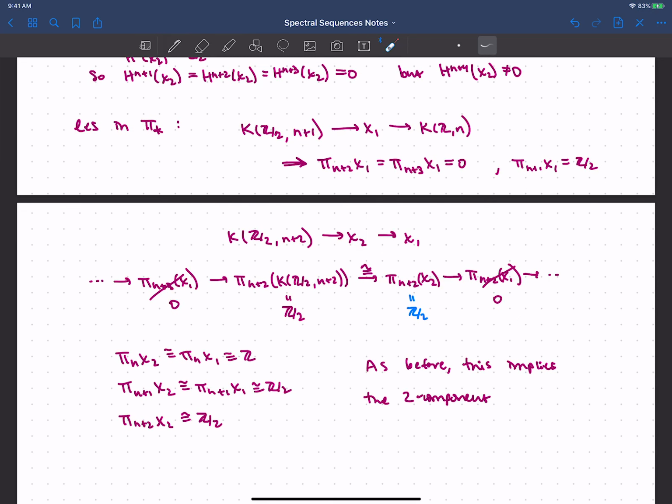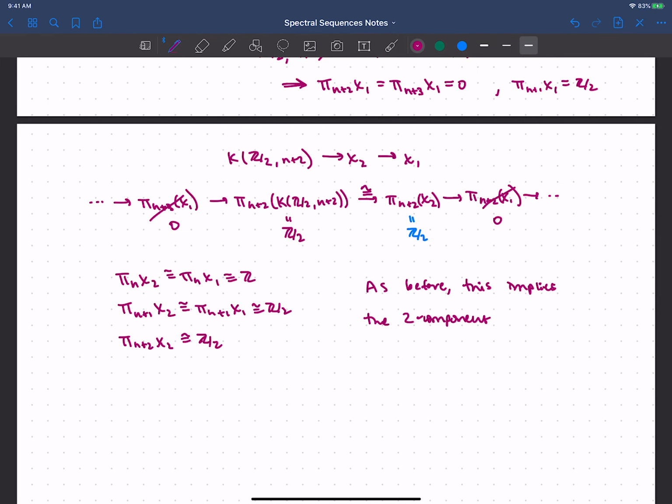And so the 2 component of the homotopy of S^n will agree with the 2 component of the homotopy of X2 for a while, and it's precisely in these degrees. And so this last one tells us that the 2 component of pi_{n+2} of S^n, maybe let's write that here, which is pi_2 stable, as long as we take our n to be pretty large, is this Z mod 2. And that's coming from this Z mod 2 here.